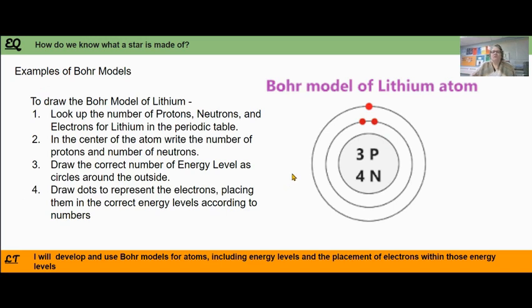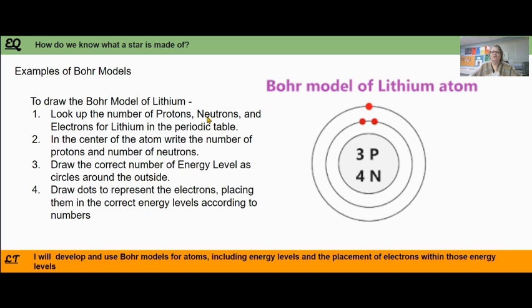For drawing a Bohr model, first we need to look up the number of protons, neutrons, and electrons. If I want to build the Bohr model for lithium, I would look up the number of protons, neutrons, and electrons for lithium in the periodic table. Remember, the number of protons is your atomic number.